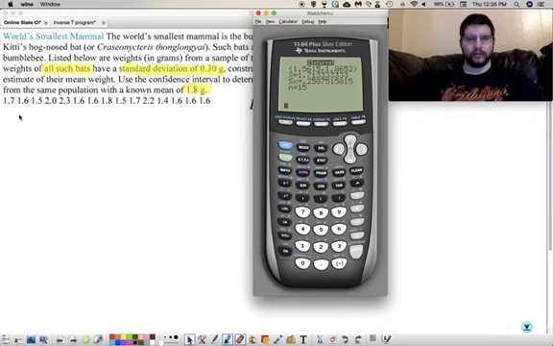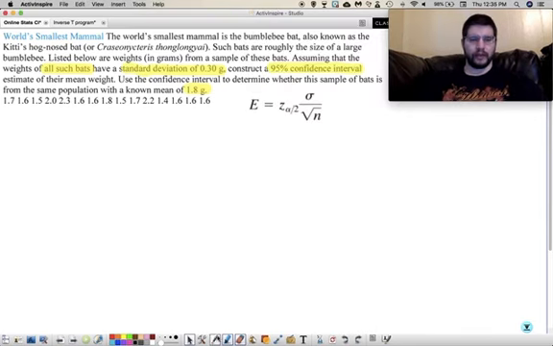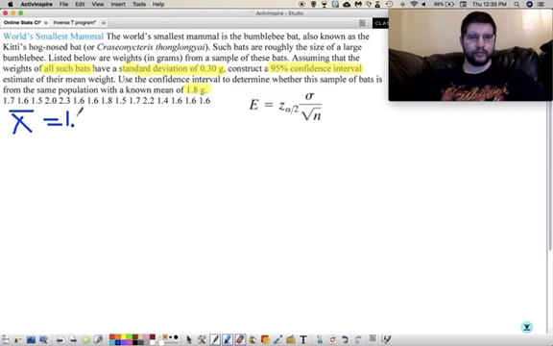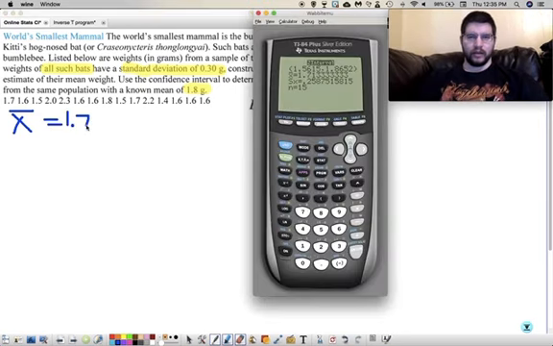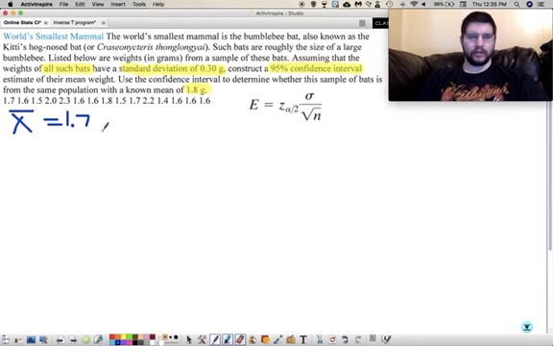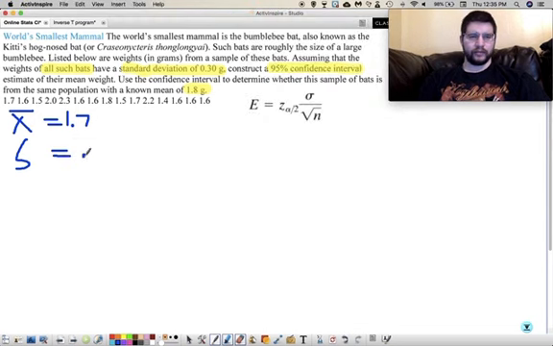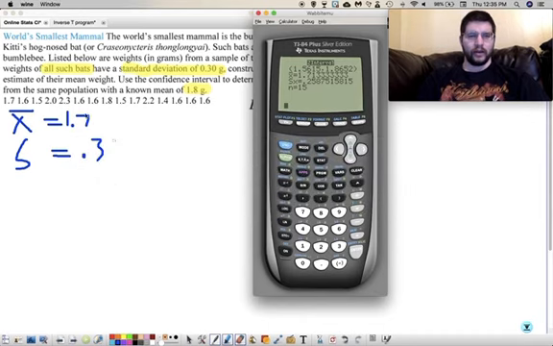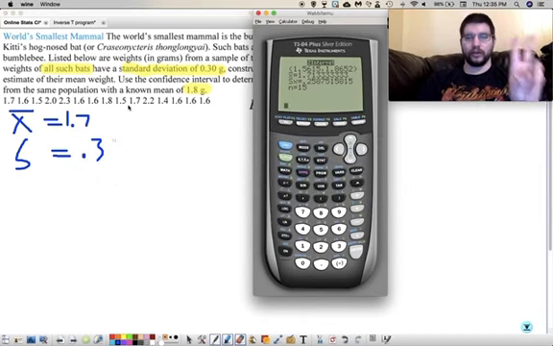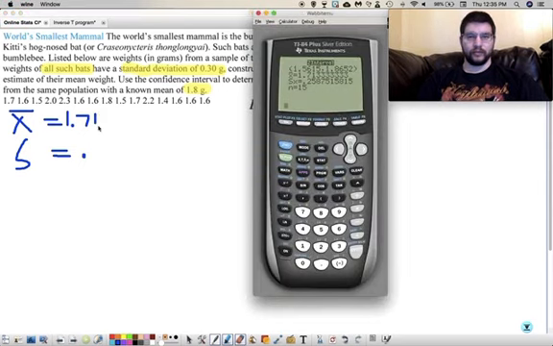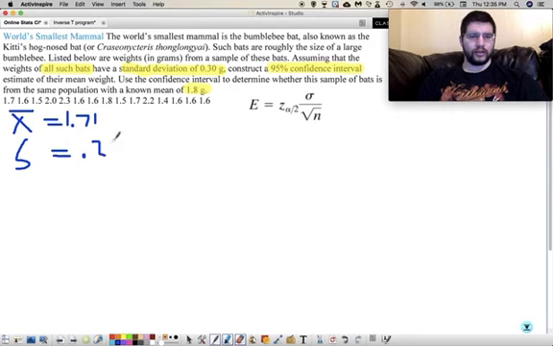All right, so I'm going to write this information down so I can do it by hand. X bar is 1.7, and I'll get the exact answer on here in a minute. S is 0.258, so 0.3. Oh, sorry. Our data goes to 1 decimal place, we need to go to 2 decimal places. 1.71 and 0.26.